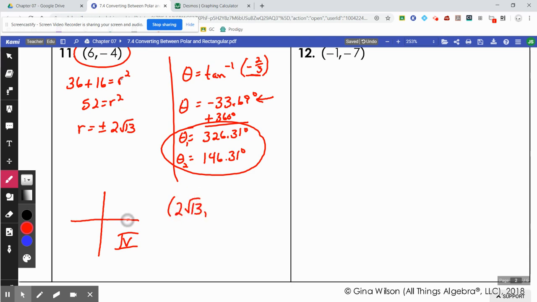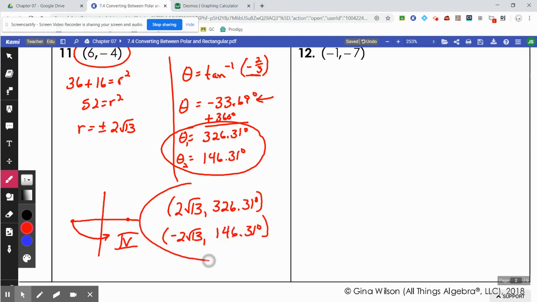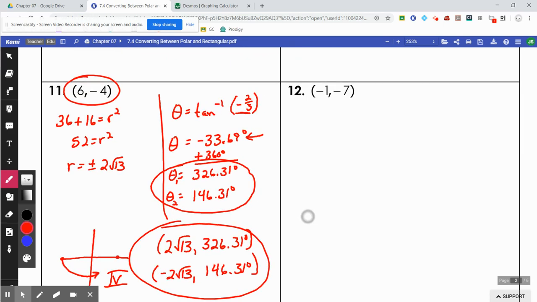If you have a positive radius of 2 root 13, in order to end up in the fourth quadrant, you would have to rotate a total of 326.31. There's your first r, theta. If you have a radius of -2 root 13, which would end up over here, you would have to rotate a total of 146.31. Those two answers go together. There's your two r, thetas.